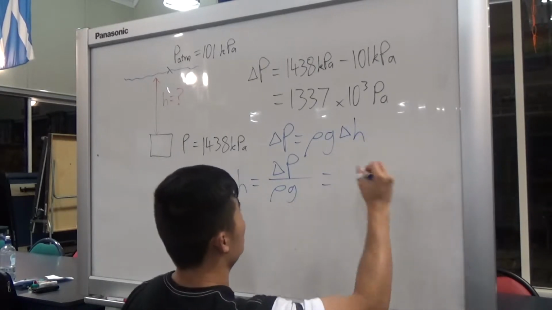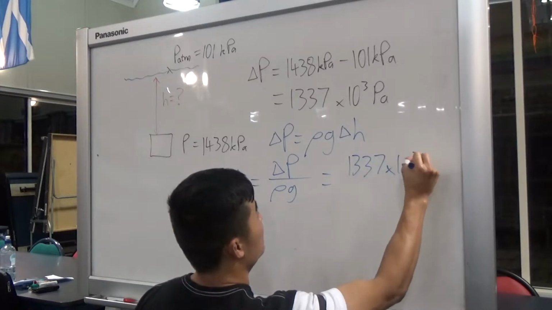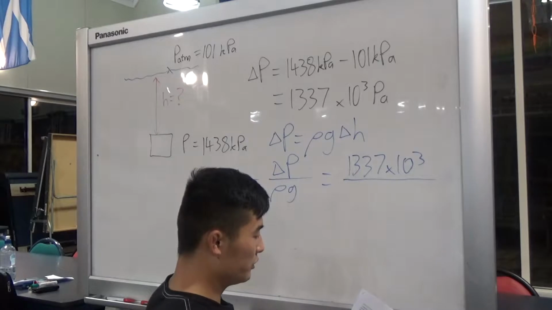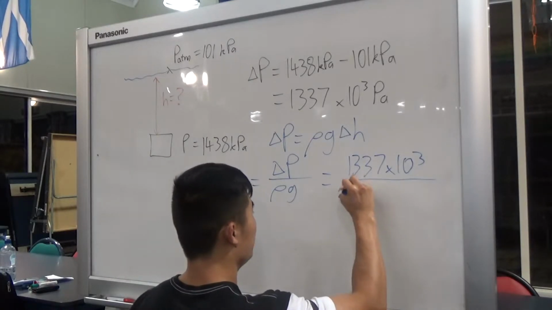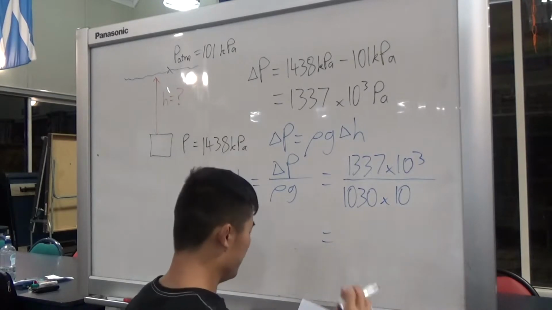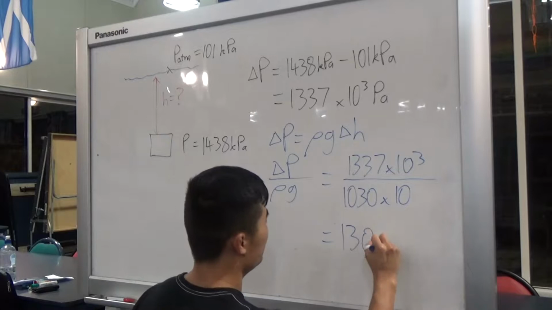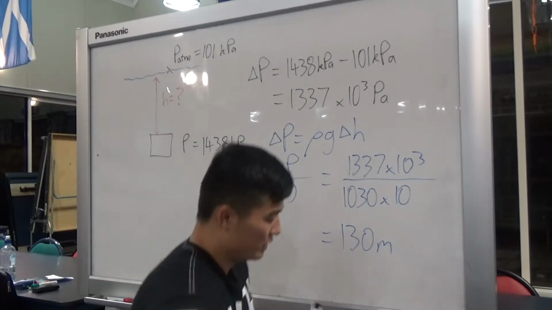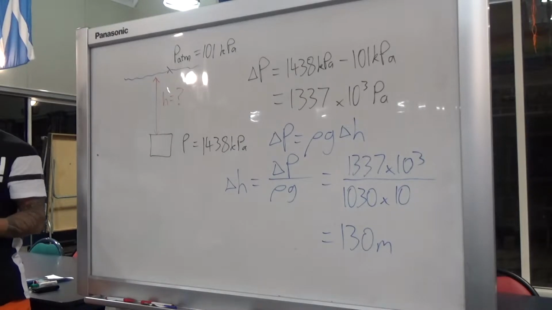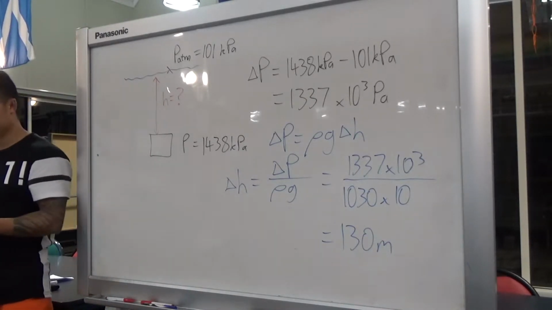So that's 1337 times 10 to the 3 over our density of seawater, which is 1030, times 10, and that will give you 130 meters, or 129.8, which rounds to 130. Okay, so not that hard once you know what to do.